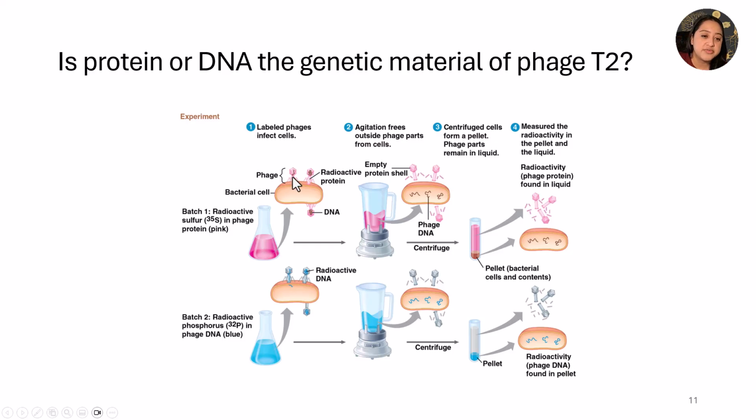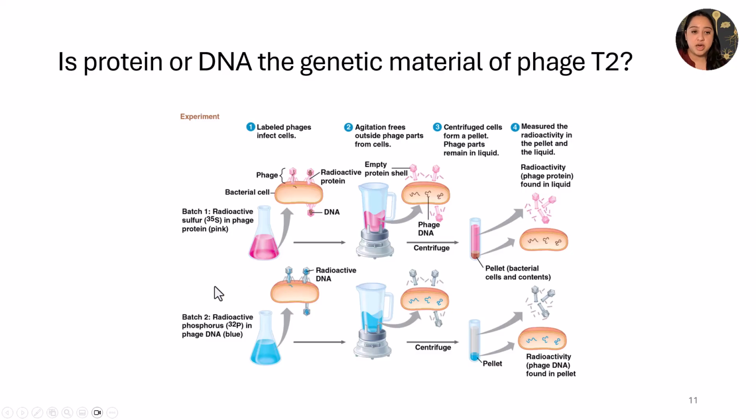If it's protein that gets injected into the bacteria, then that tracer is going to be in there. And then in batch 2, they labeled with a different radioactive isotope. They used phosphorus to mark DNA. If this marks DNA and DNA is what's getting injected, then that's what you'll see on the inside of the bacteria that came from the phage.